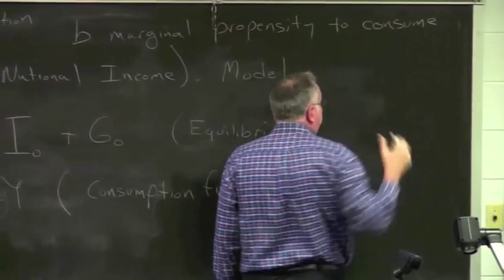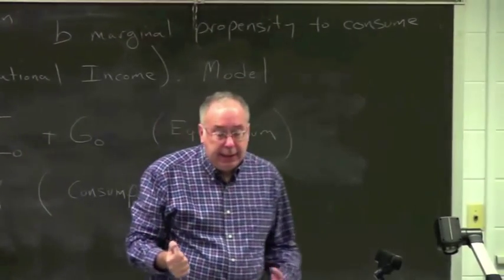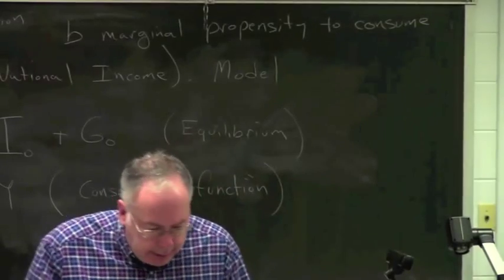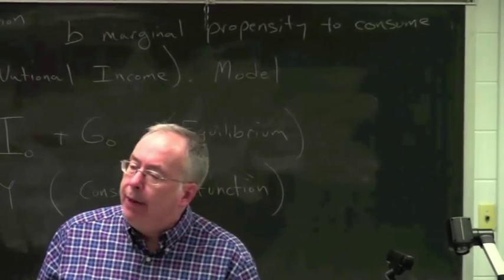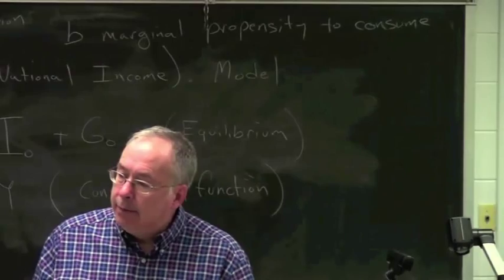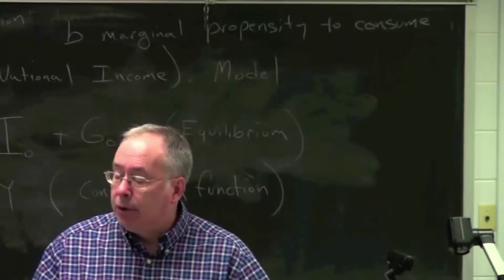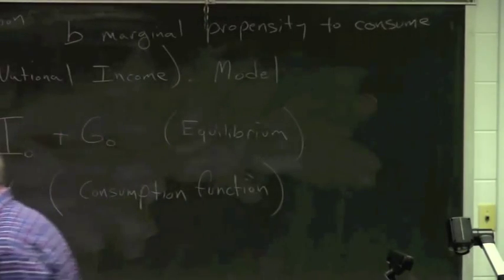For example, if B were 0.8, then it would say if national income goes up by $1, consumption would go up by 80 cents. 0.8 times whatever the increase in income is, the marginal propensity.